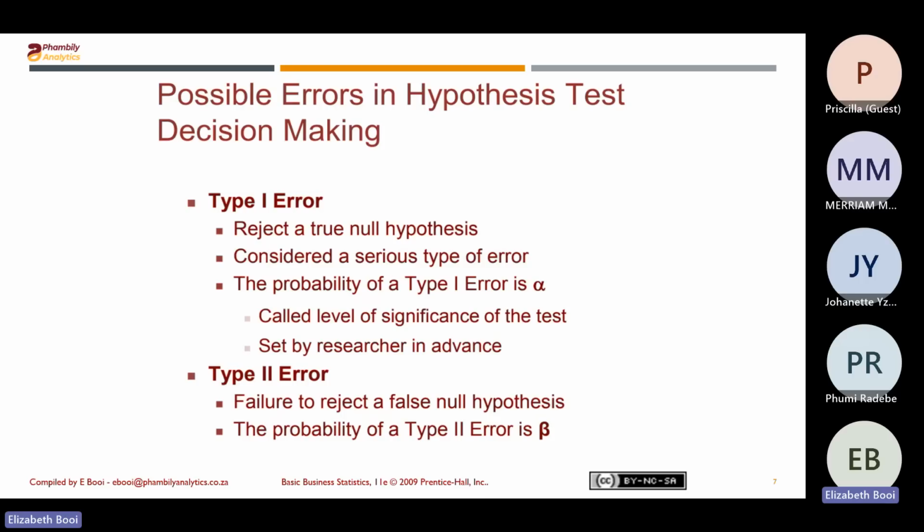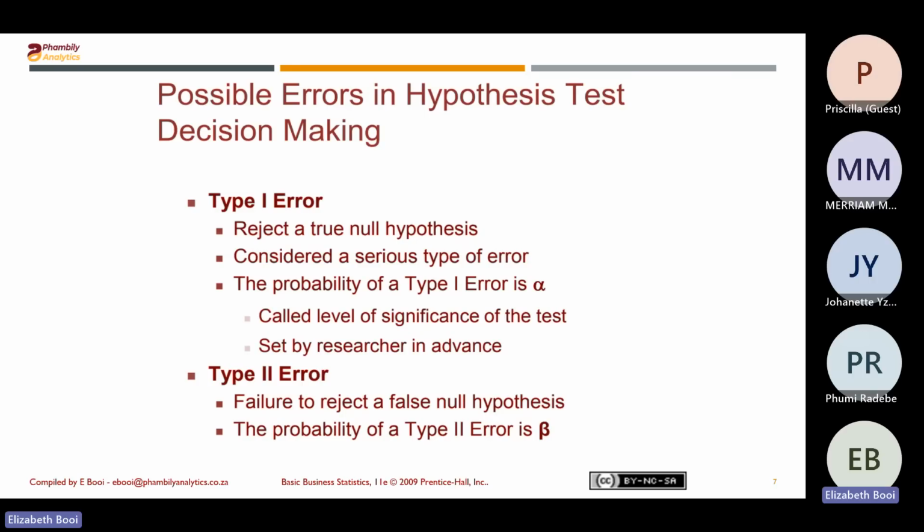And this alpha value, usually it is set at the beginning by the researcher. We will say it is 5%, or 0.05, or 10%, or a 99% confidence. And then we can calculate our alpha. Remember how we do it in the confidence levels.